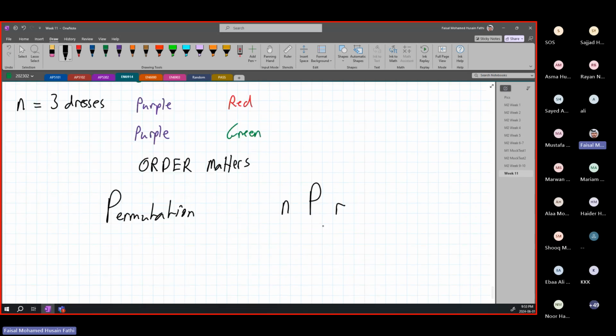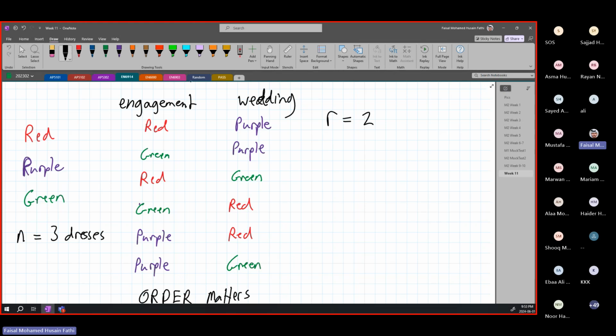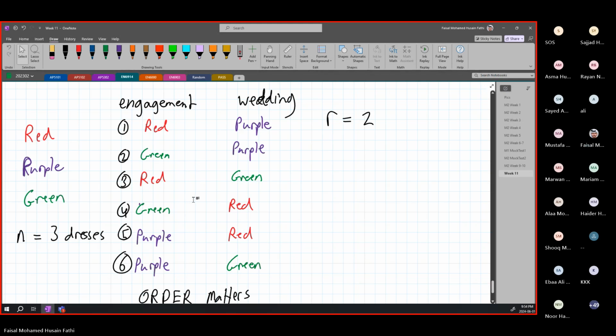Okay? And that's it. So now, if we count here how many different variations we have, 1, 2, 3, 4, 5, and 6. So there are 6 different ways you can be wearing the dresses, 6 different color schemes.